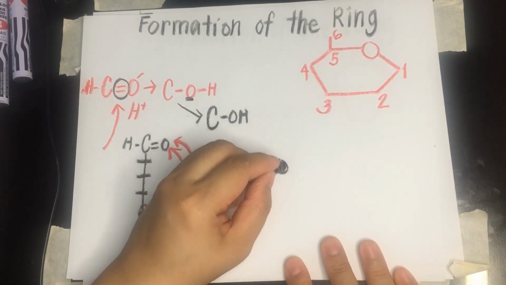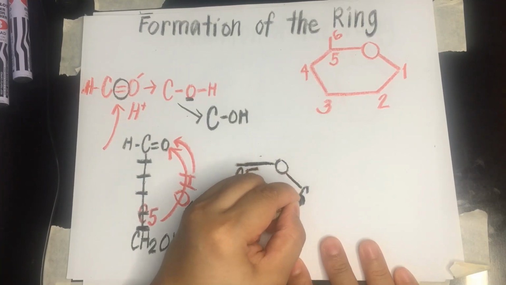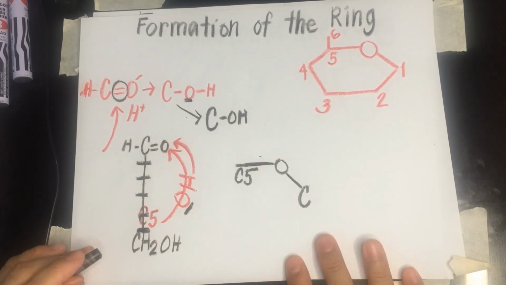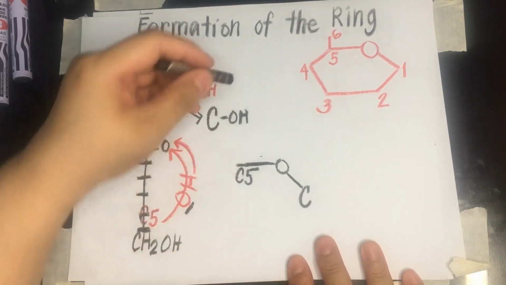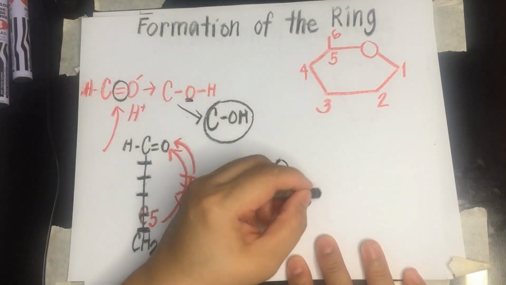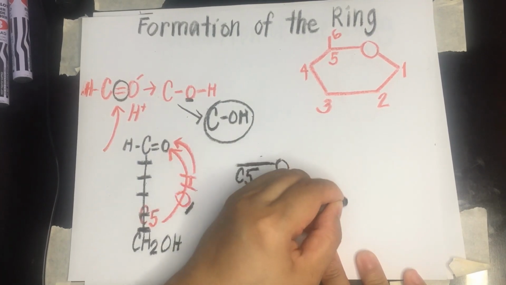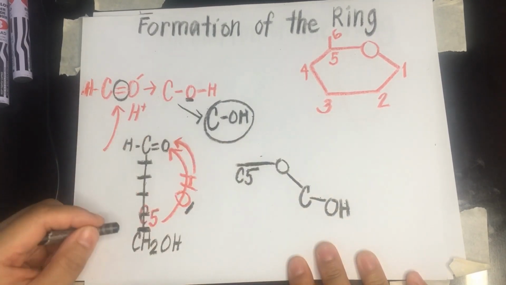This will be our oxygen, and our oxygen was able to bond with carbon number 1. So, based on what we have discussed a while ago, carbon number 1 is bonded with oxygen and hydrogen.